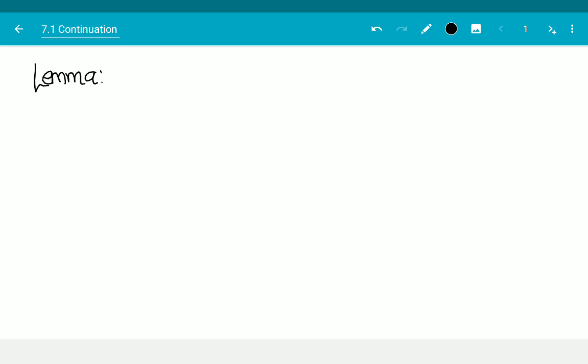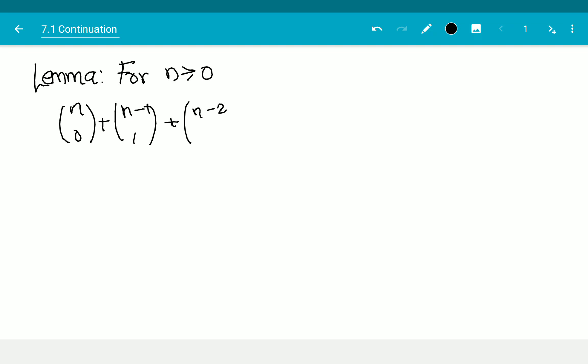For n greater than or equal to 0, n choose 0 plus n minus 1 choose 1 plus n minus 2 choose 2 plus all the way, this is equal to f of n plus 1. Okay?